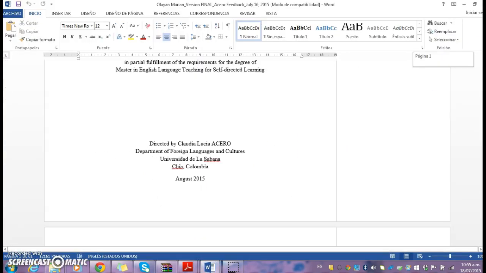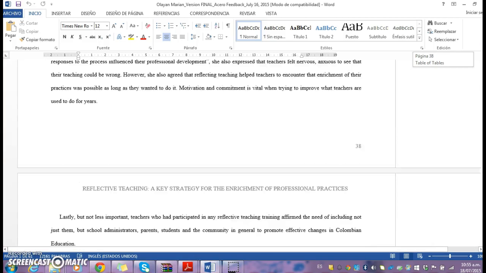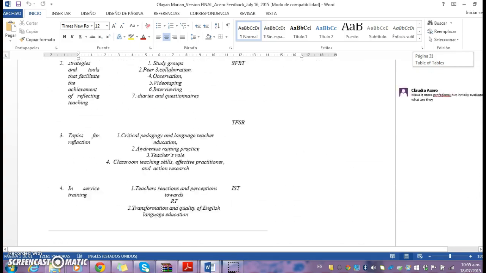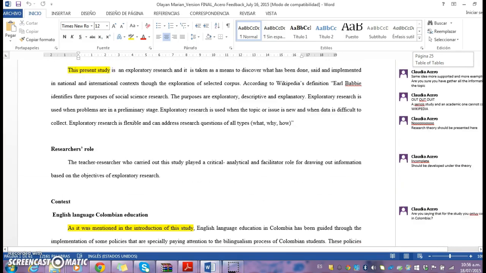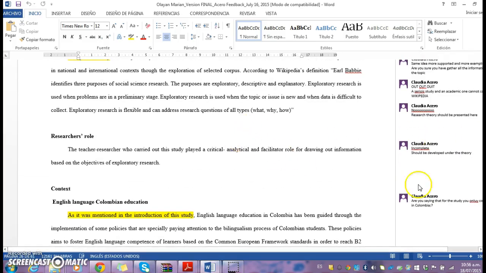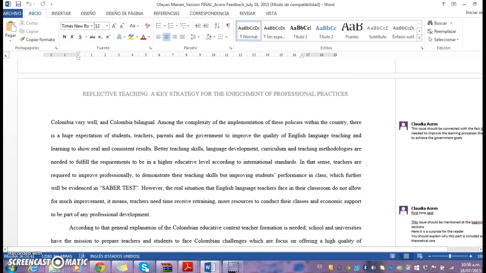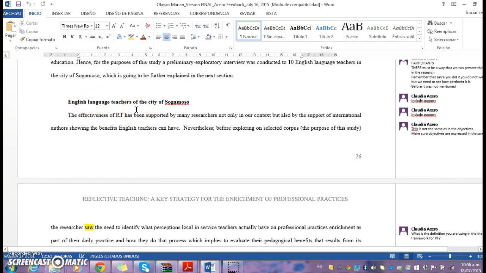Again, my general comment is that at the end you start talking about your teachers, the 10 teachers, but it was not mentioned before. So there must be a way that we complement what you are doing, and what is the purpose of talking about these English teachers of the city of Sogamoso, because this is probably not part of the research design.